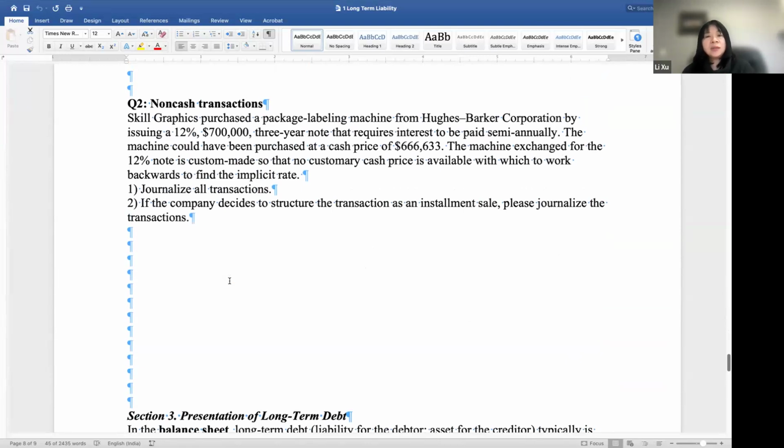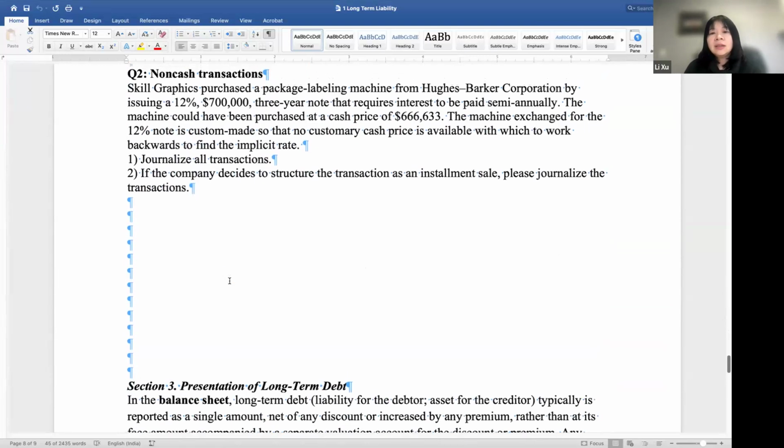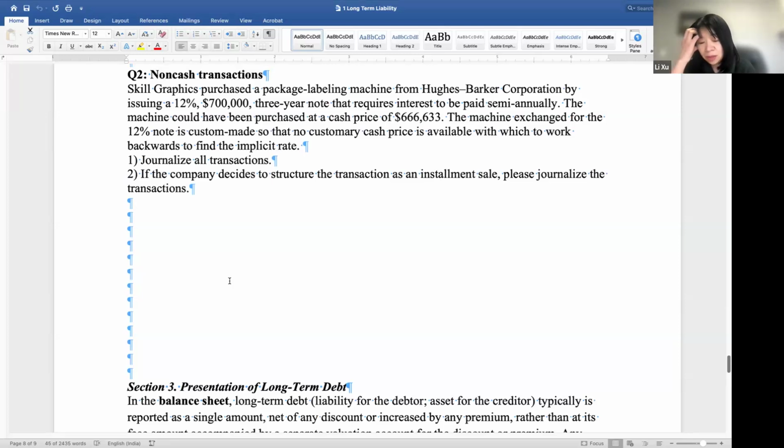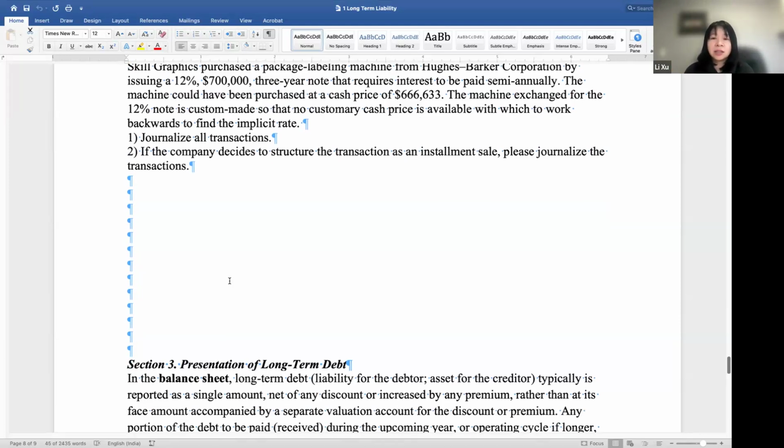So that's one thing, about non-cash transactions. When you don't have cash involved, there will always be a mechanism. You have to decide what is the transaction value for this transaction. And just remember, when you have two sets of transactions, you should use the side which is most objectively decided.